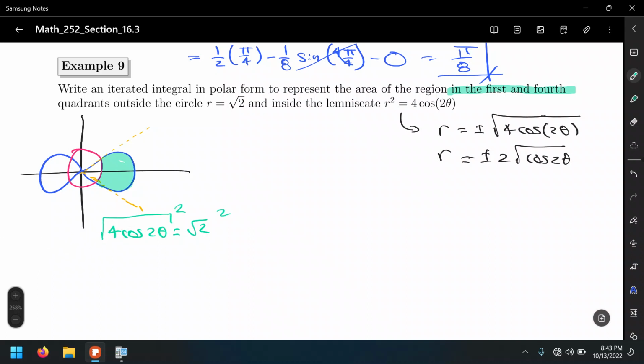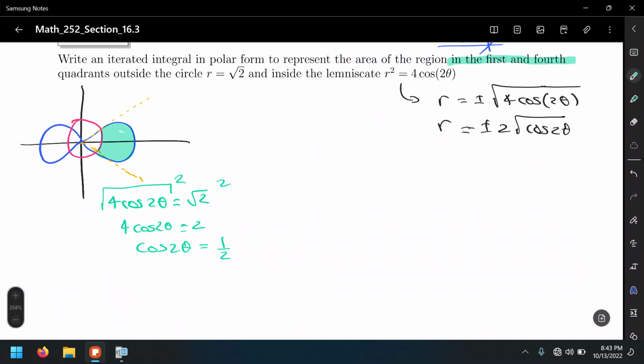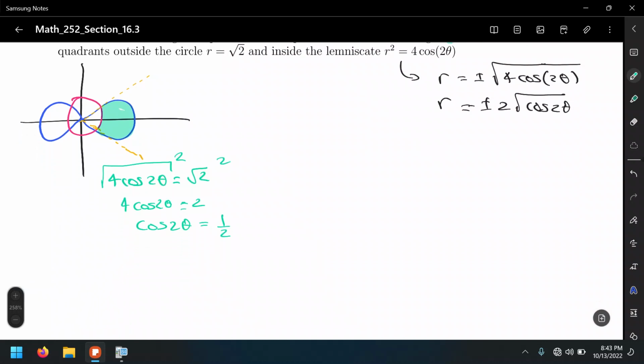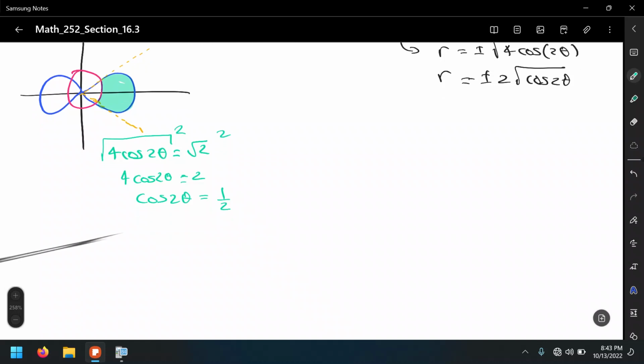So square both sides. That's going to give us 4 cosine 2 theta equals 2, and cosine 2 theta equals 2 over 4, which is 1/2. Now we're looking for all the angles for which cosine is 1/2. So 2 theta is going to be for angles like pi over 3, 5 pi over 3, but theta should be pi over 6 and 5 pi over 6.